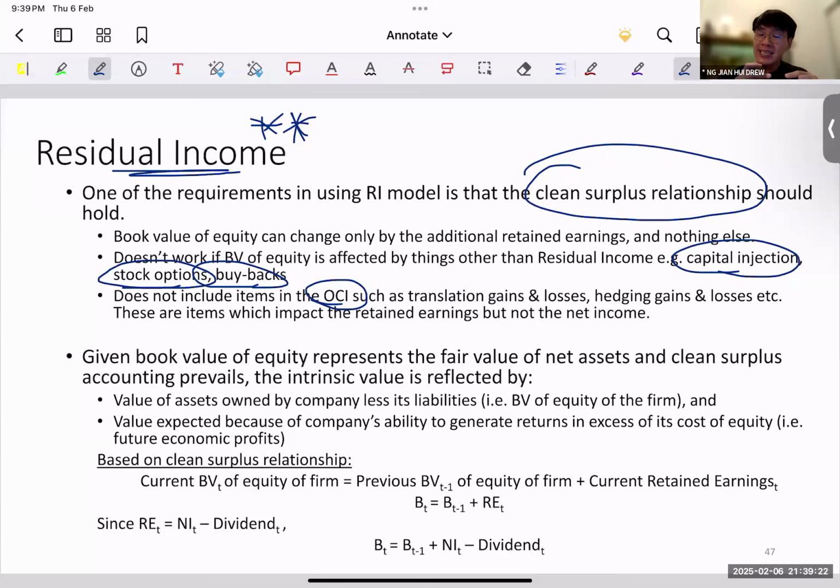Because remember, your OCI items are below your bottom line. The bottom line is your net income, and your OCI is after the bottom line. What does this mean? It means that these items below the bottom line are not reflected in your net income. Let's say your gain or loss on translation is not going to impact your bottom line, which is your net profit, but it's going to impact your retained earnings directly.